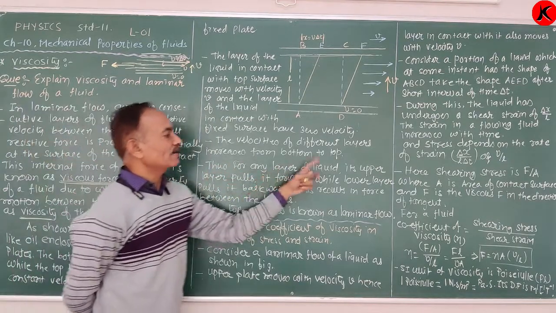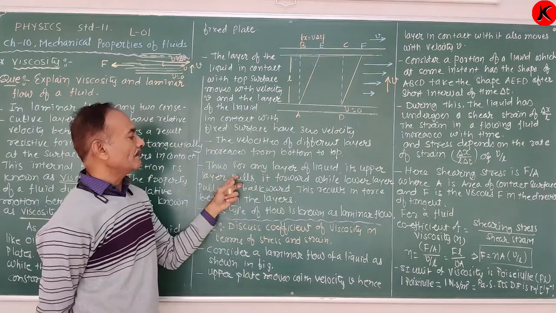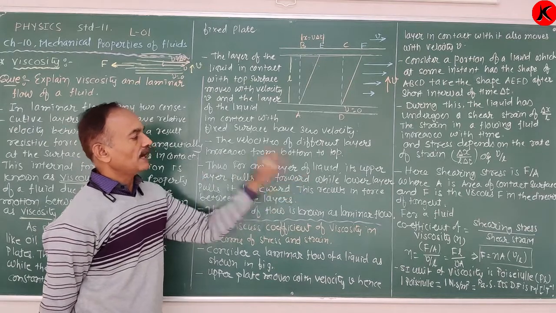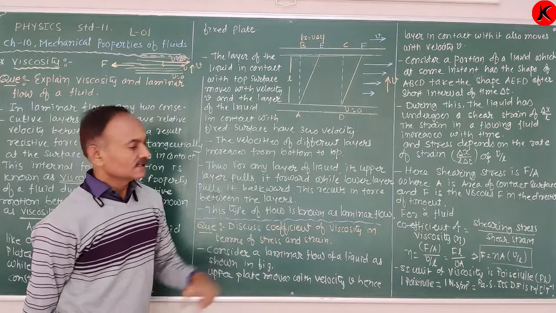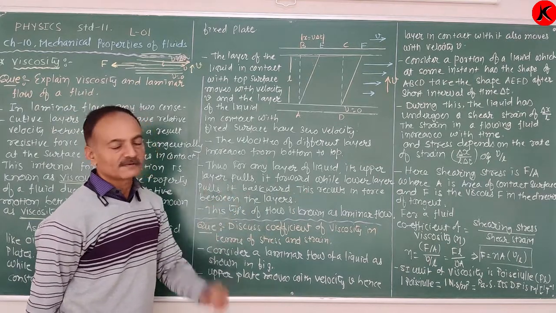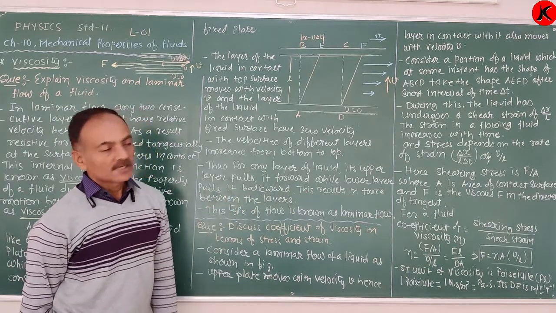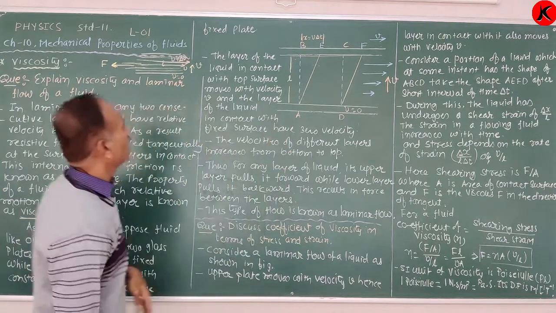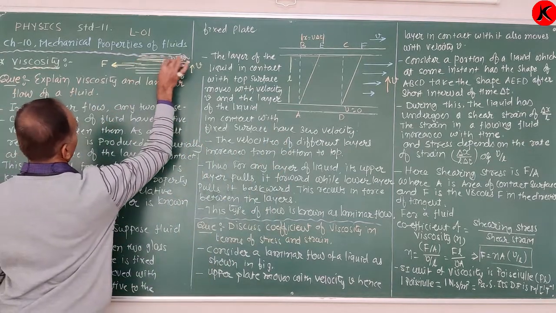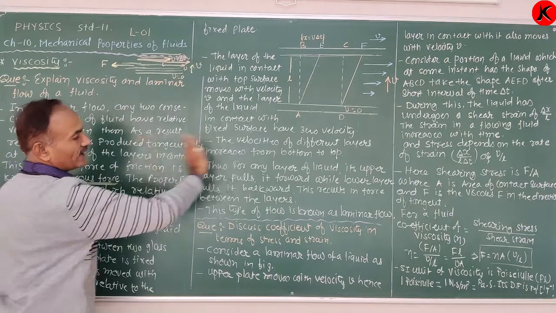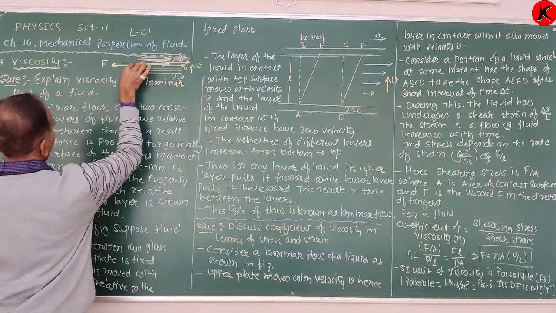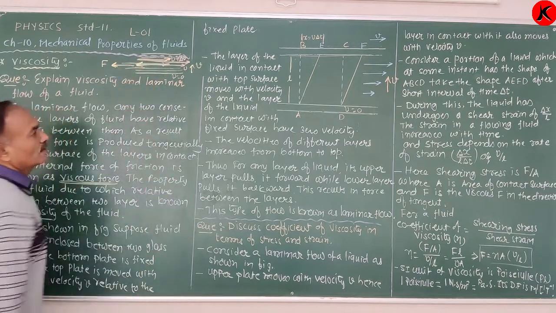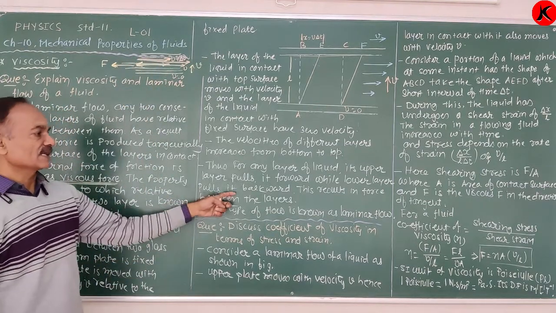Thus, for any layer of the liquid, its upper layer pulls it forward, while the lower layer pulls it backward. This results in force between the layers. So in this step-like layer formation, the top layer pulls the liquid in the forward direction, while the bottom layer pulls the liquid in the backward direction.